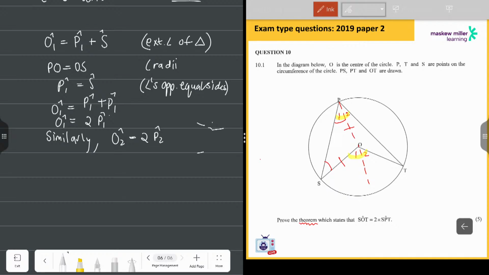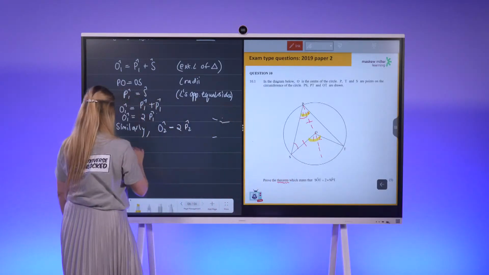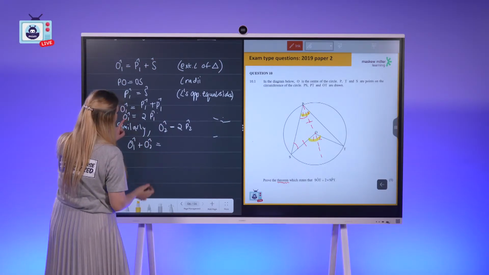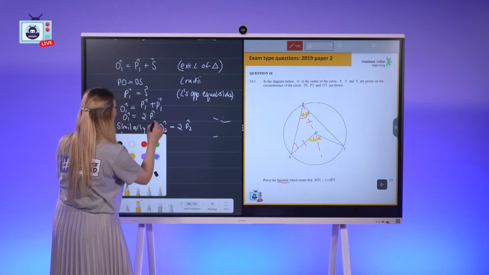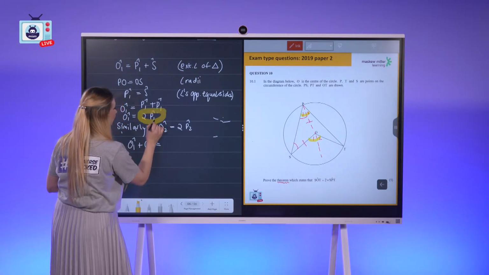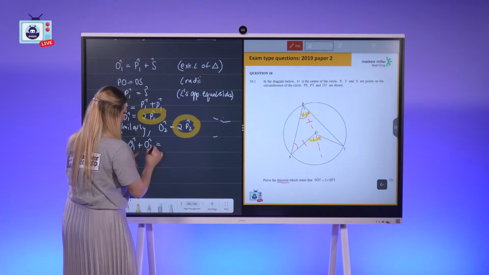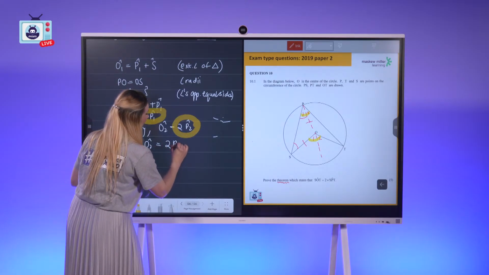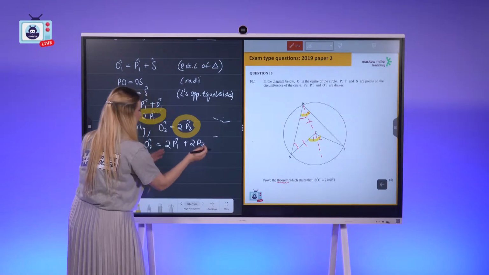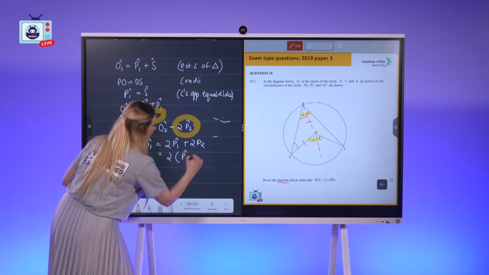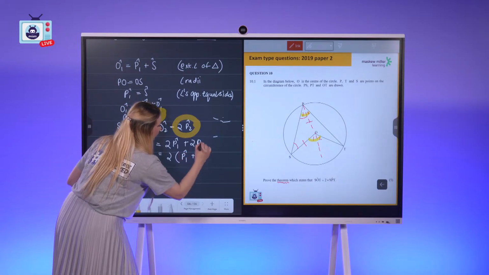Remember, what did they want us to prove? They wanted us to prove that SOT is 2 times SPT. What is SOT? SOT is simply O1 plus O2. If O1 is equal to 2P1, and O2 is equal to 2P2, then O1 plus O2 is equal to 2P1 plus 2P2. If I factor 2 out, I have 2 times (P1 plus P2).